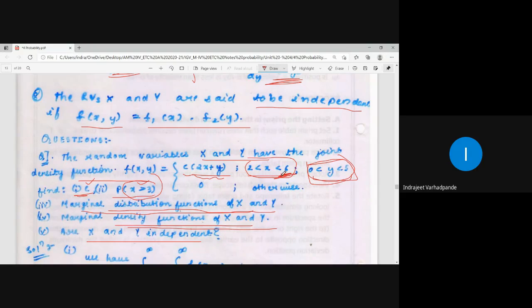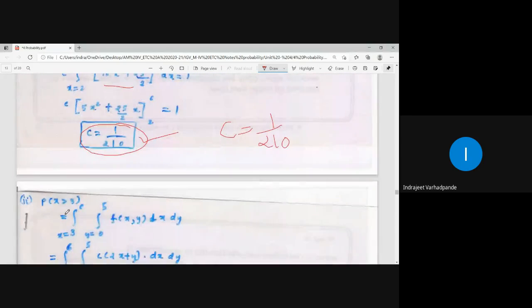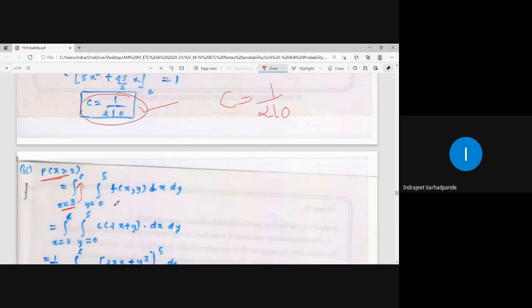X is restricted till 6. So probability x greater than 3 means probability for x will be taken from 3 to infinity. But infinity is not in my range. My range is up to 6, and nothing is mentioned for y. So complete range of y will be taken between 0 to 5.